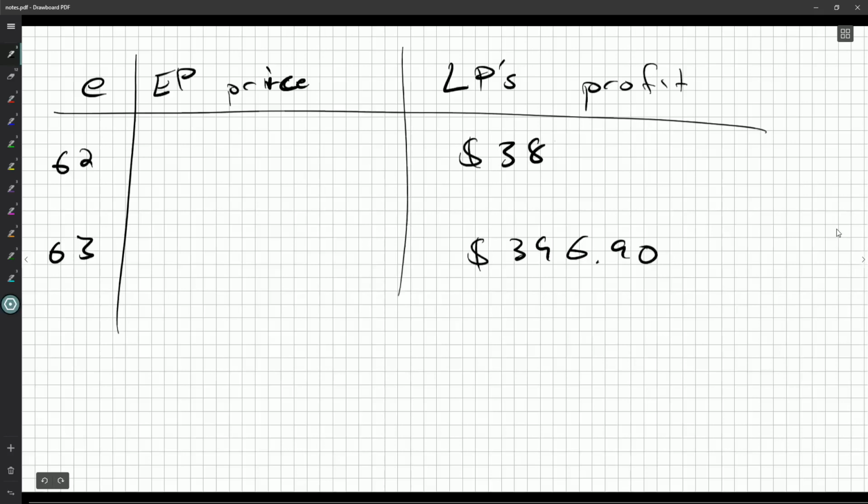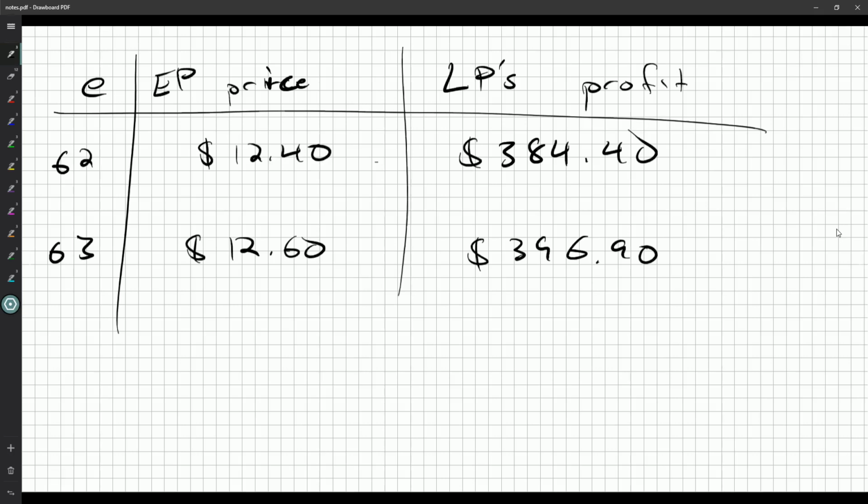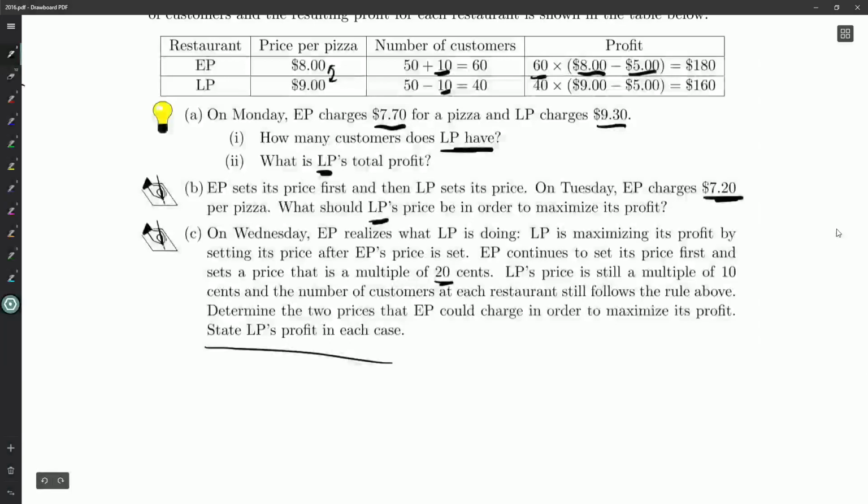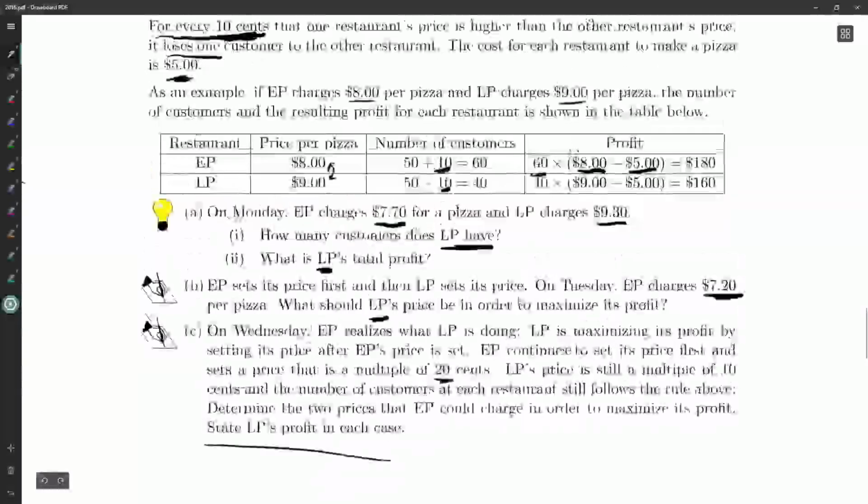This was 384.40, I think. I'll just double check it rather than scrolling backwards. Yep. And Aaron's price was, this is the one that's 12.60, and the other one's 12.40. All right, there we go. So summarized right at the end, or you can use the boxes. That's fine too.